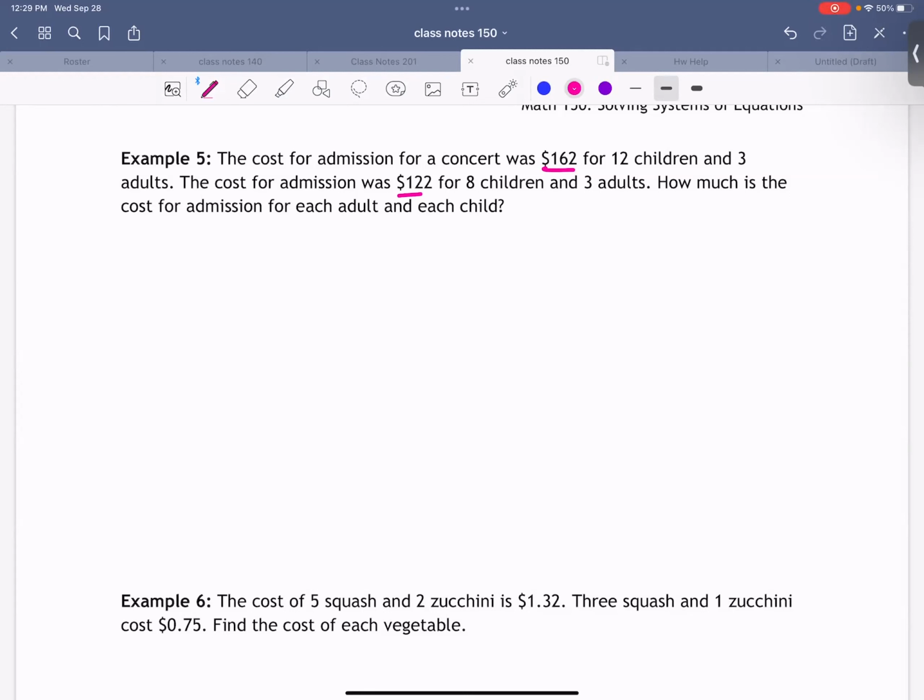Okay. So first thing I want to do is when we deal with these questions, I always like to write my variables, okay? Because I want to have a variable that resembles the question so it's not hard for me to do the question later on. We want to find the cost for admission for an adult and a child. Can someone give me a reasonable variable to stand for adult?